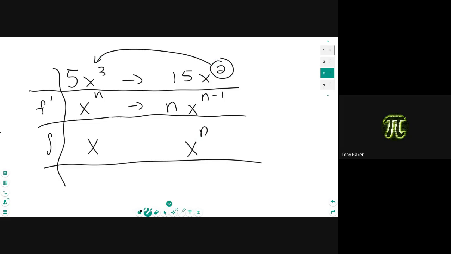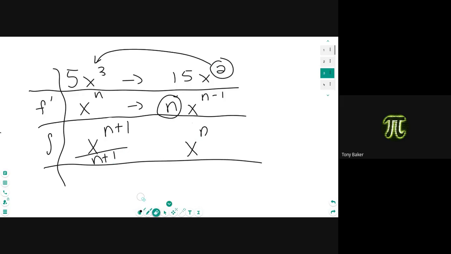It's going to be n plus 1, right? Because we have the n out here, but I want to be able to get rid of that. So that's really n plus 1.